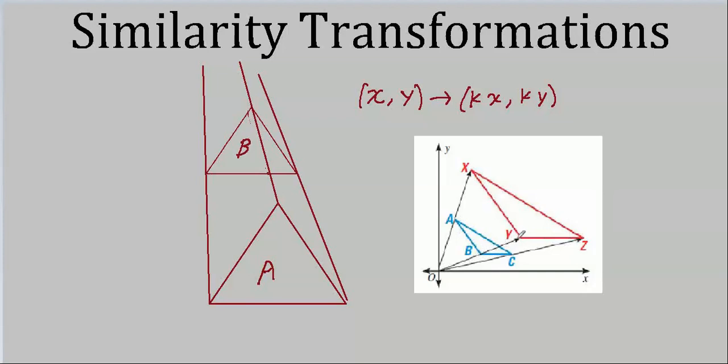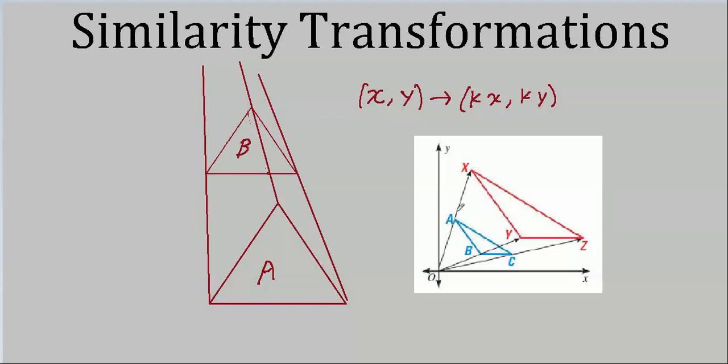Just like with our other transformations, with a similarity transformation, we have the original polygon, or in this case triangle, and the image under the transformation. This is the image, and X, Y, and Z are the image points of A, B, and C.